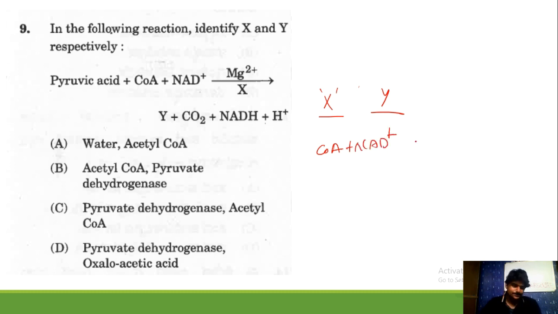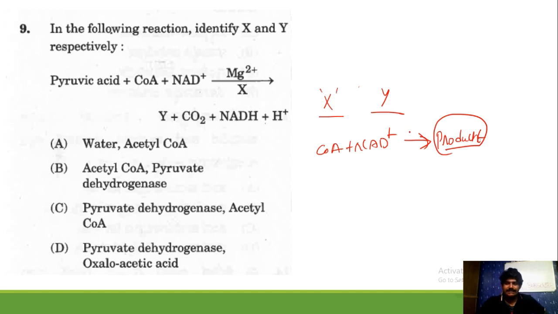Okay, these are the reactants, and during the reaction they are going to produce a product, and we are looking at what that product is.